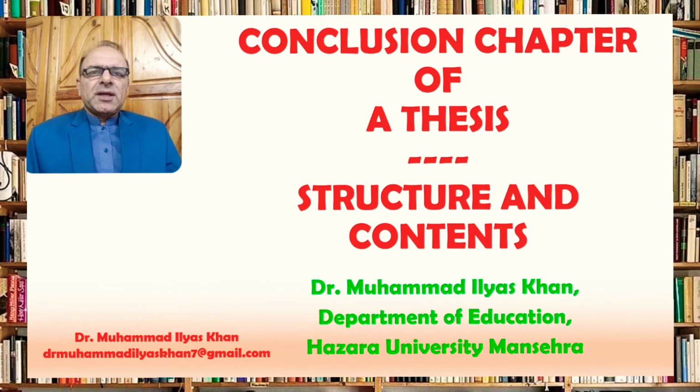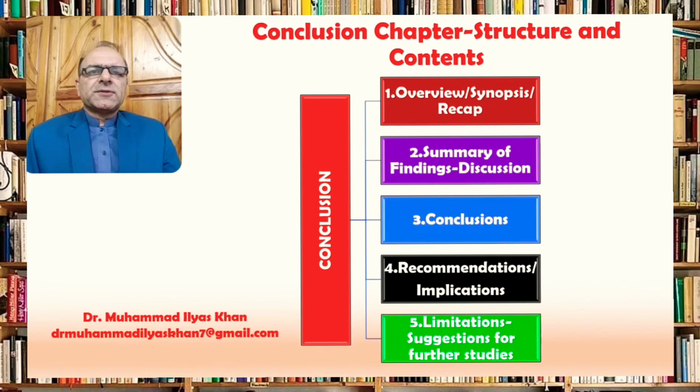So it is very important that we know how to structure the conclusion chapter of our thesis and understand what the basic components or contents of the conclusion chapter are. We will briefly discuss the structure and contents in this presentation.